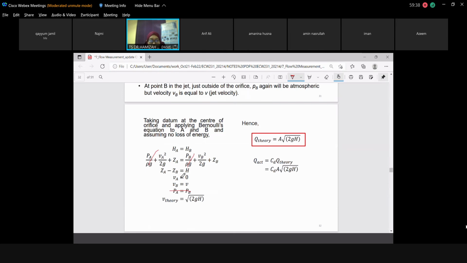VA kosong sebab dia daripada tank. There is no flow of VA. So ZA minus ZB is the H lah. Dia punya difference of height. Okay, and then we can calculate the VB.